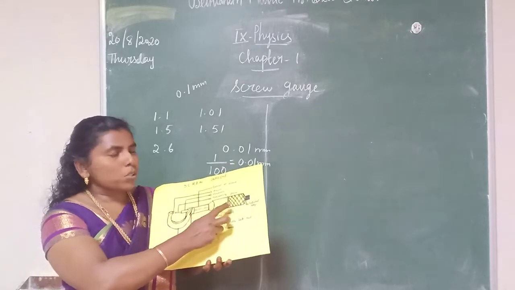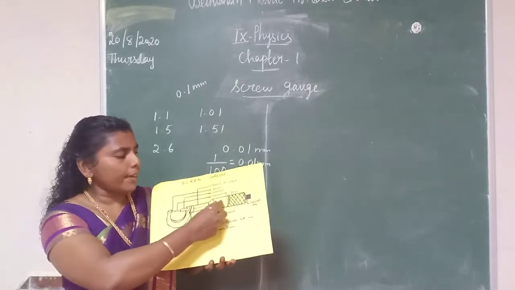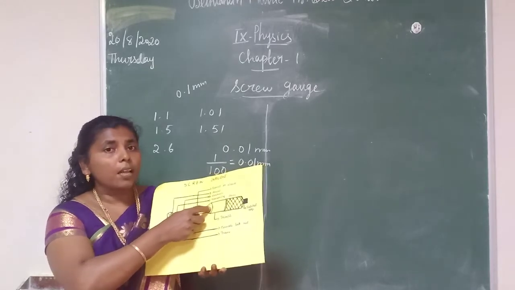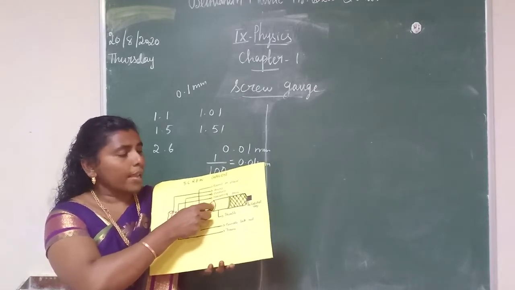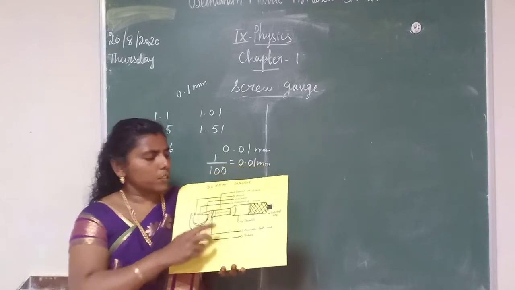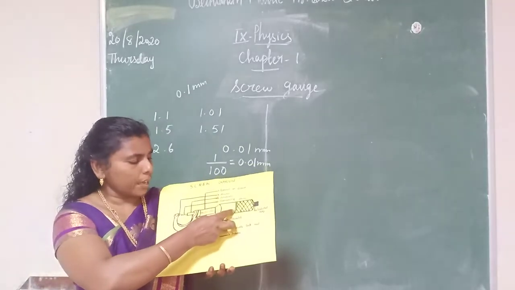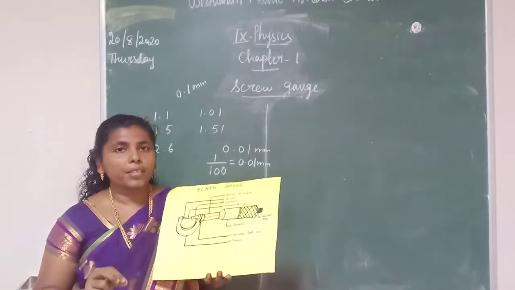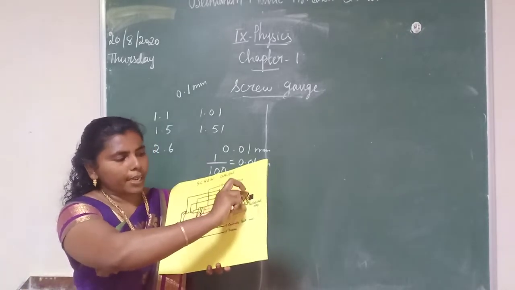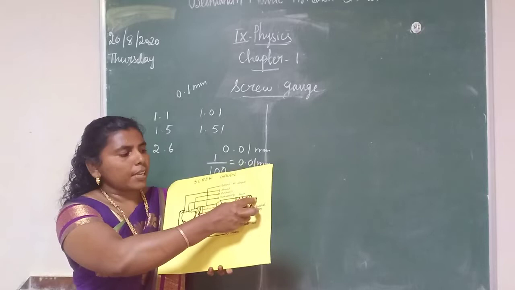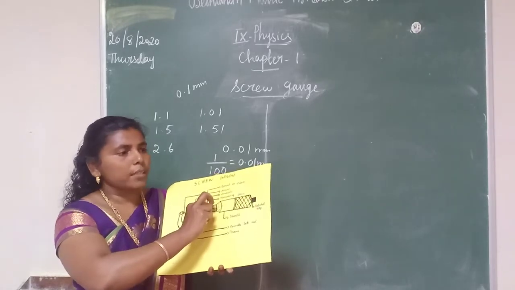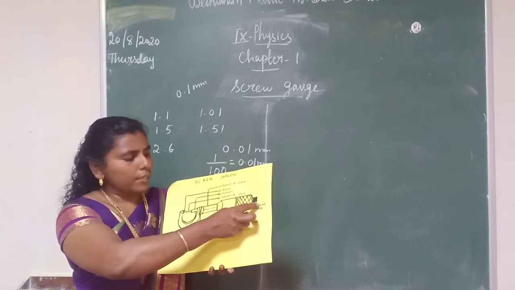It consists of two scales, the pitch scale and the head scale. The head scale has 100 divisions. At the end of this head scale, a ratchet arrangement is there. That is a safety device for the user.